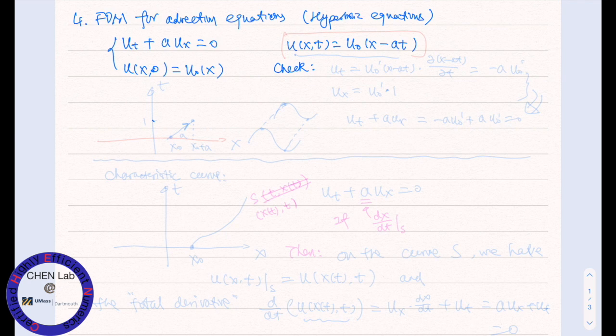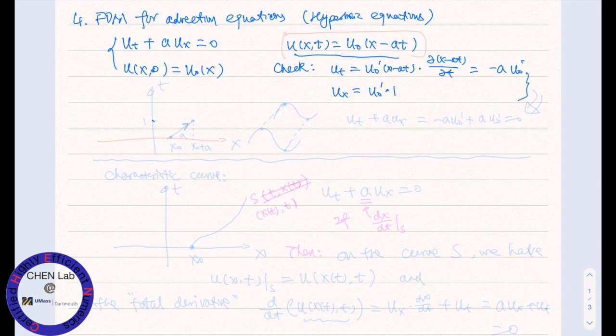Given this, we know that u_t, by the chain rule, is u_0 prime at x − at, times the derivative of the inside with respect to t. This becomes −a u_0 prime. And u_x is just u_0 prime, by the chain rule again, since the derivative of x − at with respect to x is 1.